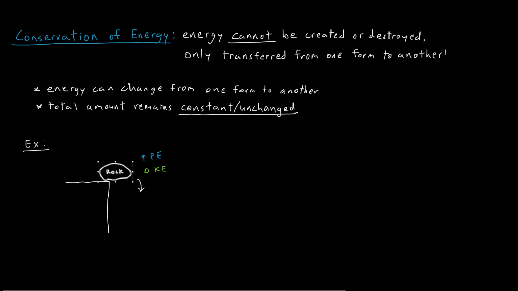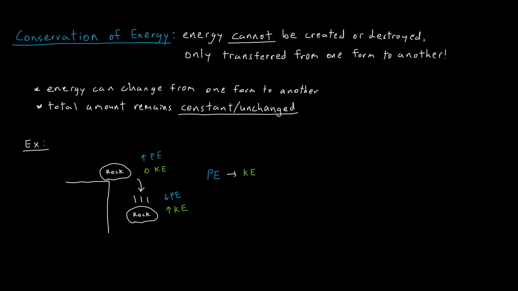But if you were to push the rock off the cliff, then that potential energy will quickly convert to kinetic energy as it falls to the ground due to gravity. And so, in other words, we will have less potential energy and more kinetic energy until the rock hits the ground and comes to a complete stop, reducing the kinetic energy back down to 0, and of course releasing some of that energy as heat and sound.